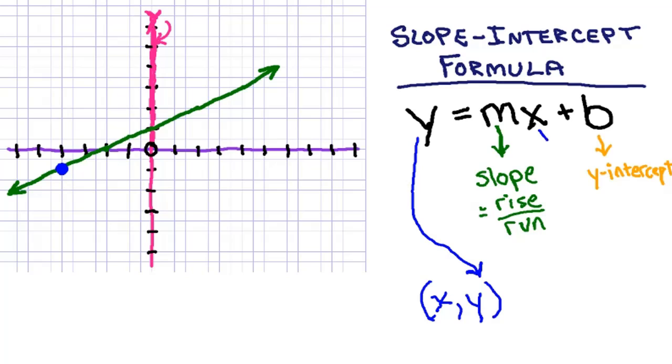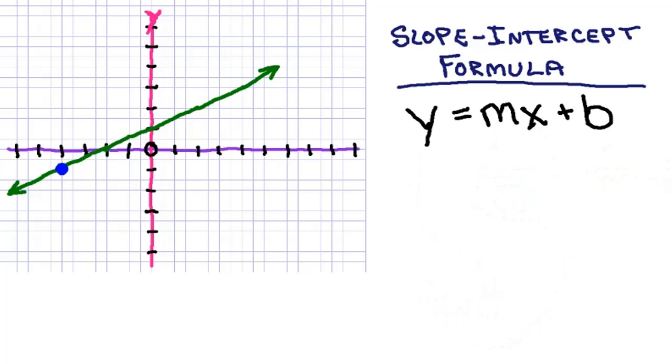And then this x is just the x value in your xy coordinates. So I'll write down at the bottom just the reminders for you. The m equals the slope, and the b equals the y-intercept.